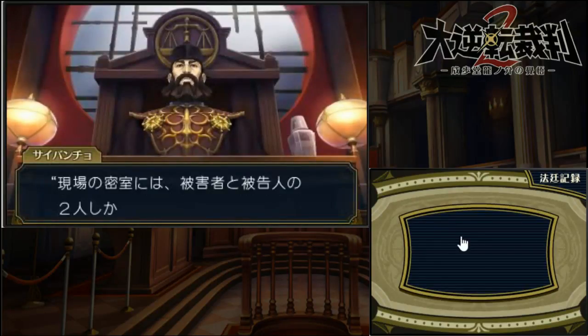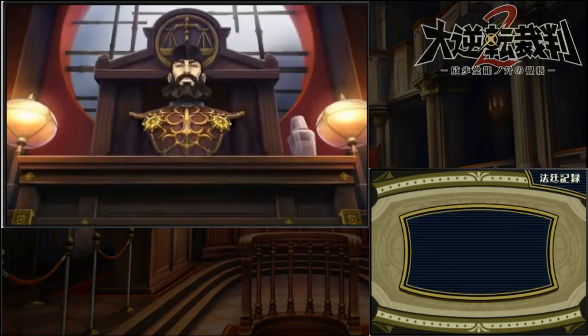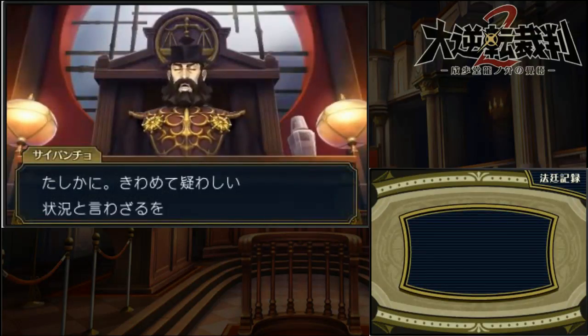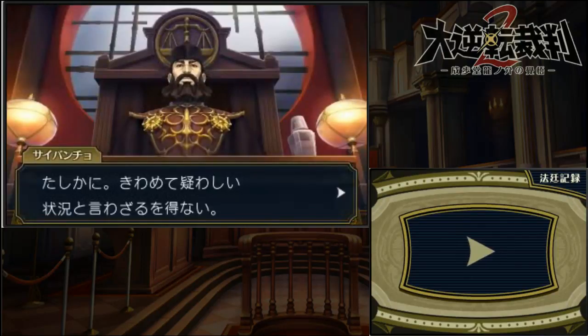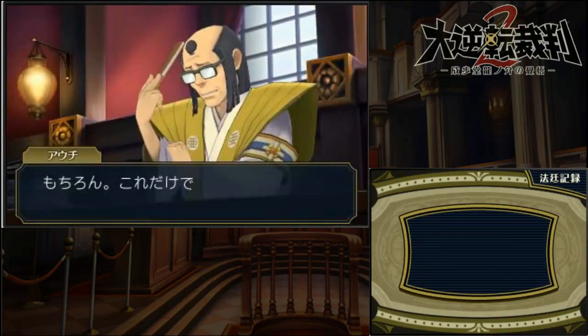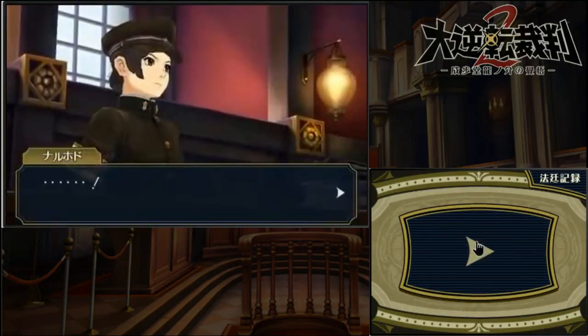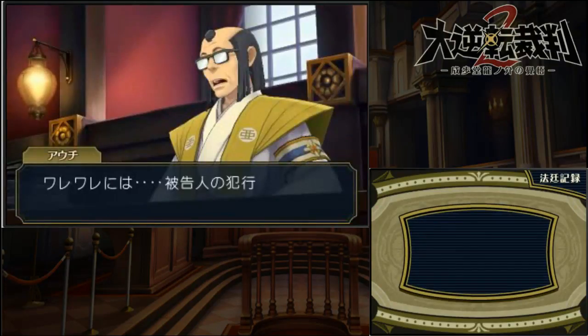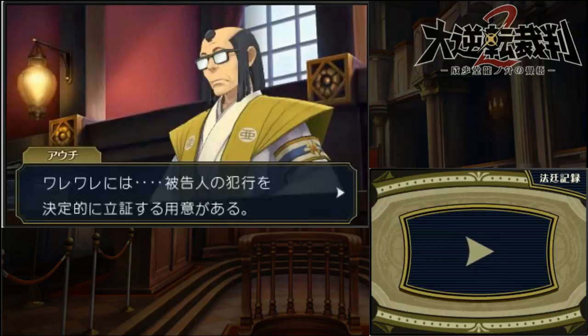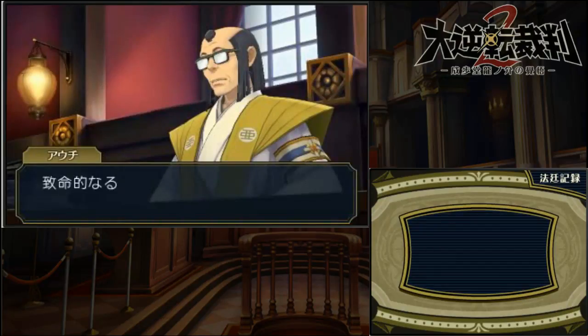Excuse me. There was no one else other than both the defendant and the victim in a locked room. I must say, the situation we have here is undeniably clear. Oh, of course, Your Honor, but that's not all. Oh, great, of course it's not all. I have prepared decisive evidence that shows the defendant had committed the crime.